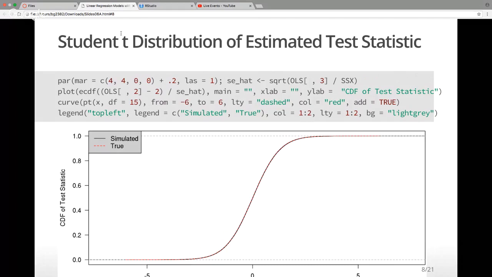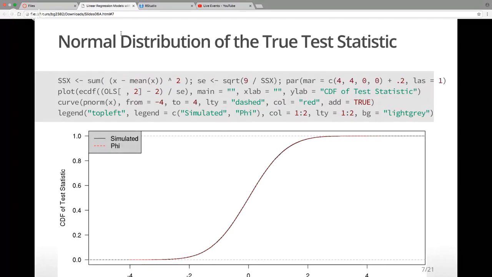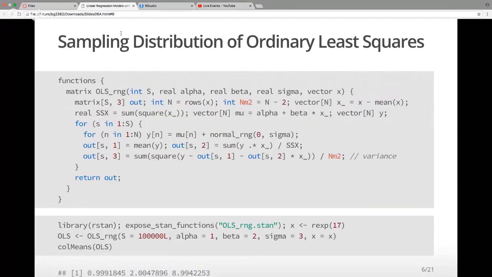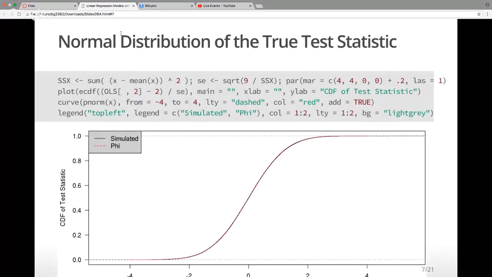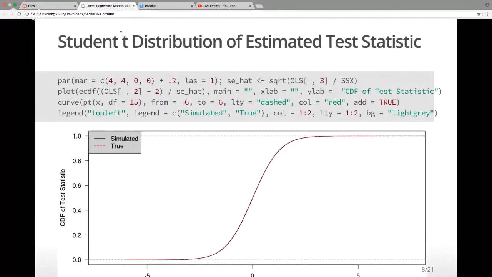So you might say, and it would be quite reasonable to say, that this still is not useful for science, because in addition to all this sort of weirdness with X being fixed across data sets, and not knowing the true values of the parameters, etc., you would need to know at a minimum the true value of the slope in order to construct this ratio, even if you could divide by an estimated standard error.